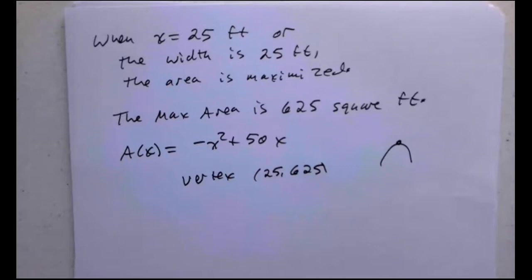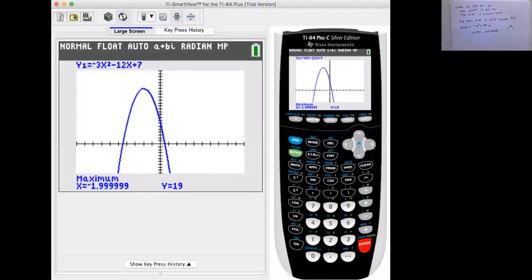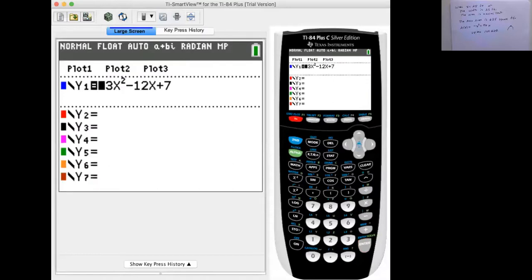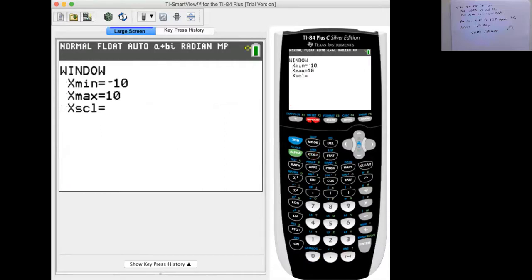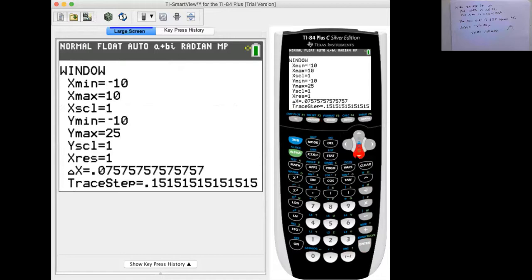So let's go to the graphing calculator and go to Y equals, and that equation is negative x squared, negative button is here, negative x squared plus 50x. And I need to see x is 25, so my window's got to go beyond 25. So maybe negative 10 to 50 is a pretty good choice.